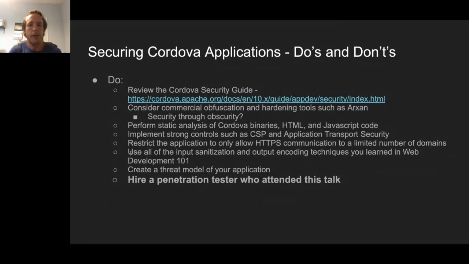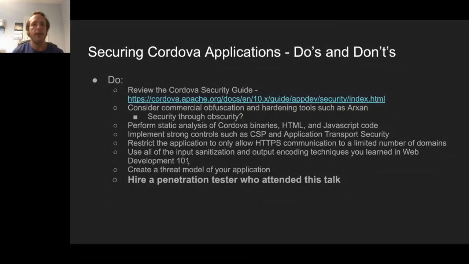You also want to remember that this is a web application. Everything you learned in Web Development 101 about input sanitization and output encoding to protect you from cross-site scripting attacks, that applies to your Cordova applications too. Just because the code is running from a local context doesn't mean that you don't need to worry about those vulnerabilities.